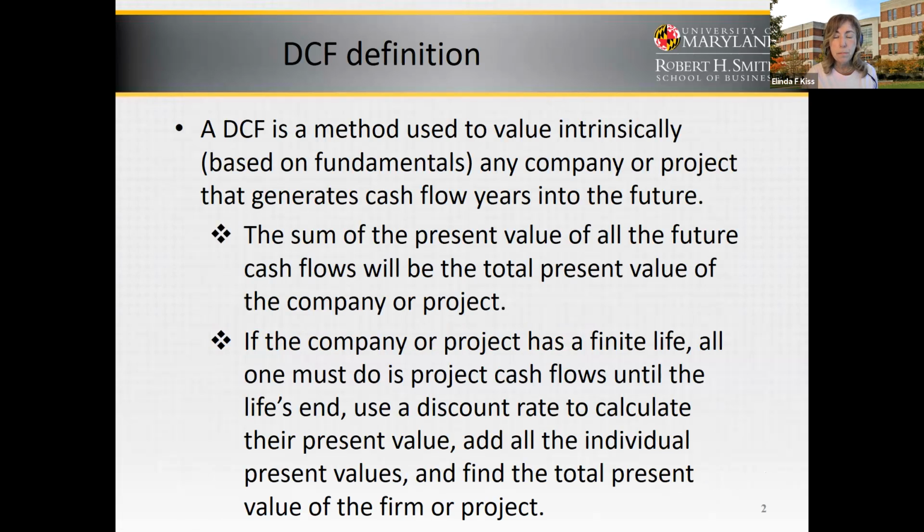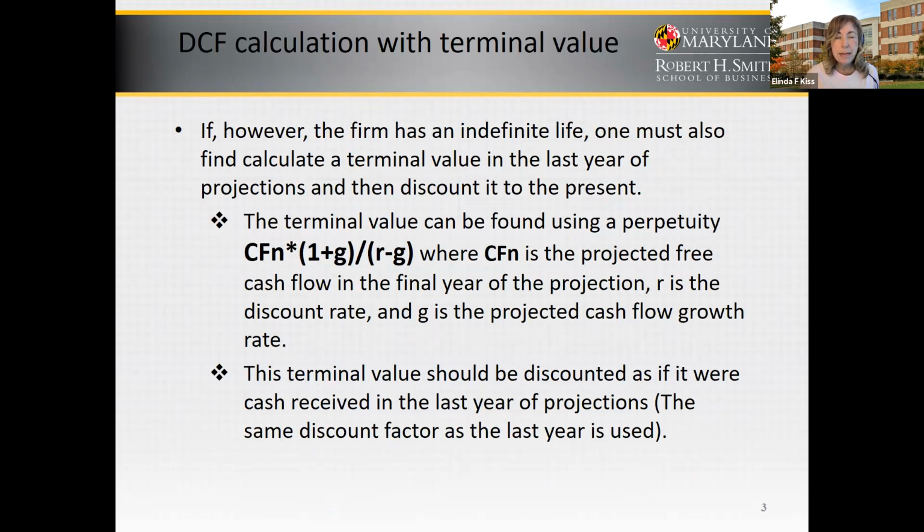If the company or project has a finite life, all you have to do is project the cash flows until the life's end, use a discount rate to calculate their present value, and add them to find the total present value of the firm or the project. But if the firm has an indefinite life, like valuing a company, you must also calculate a terminal value in the last year of projections and then discount that terminal value to the present.